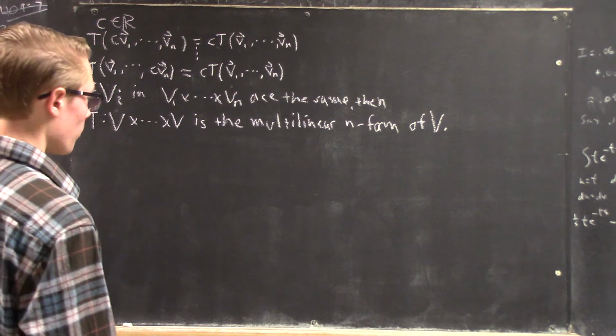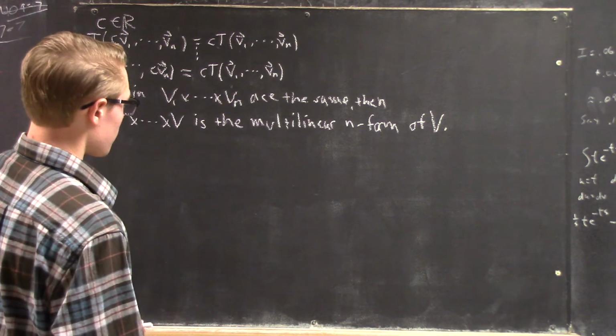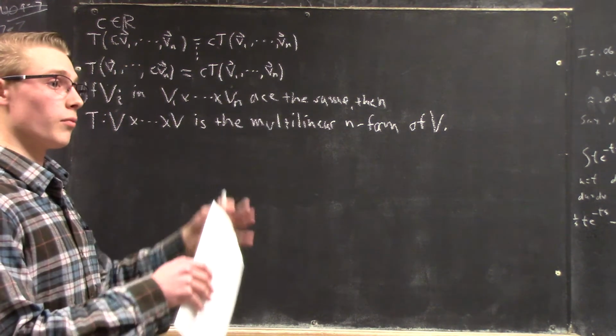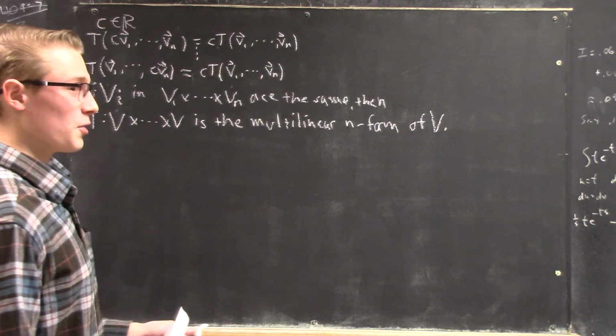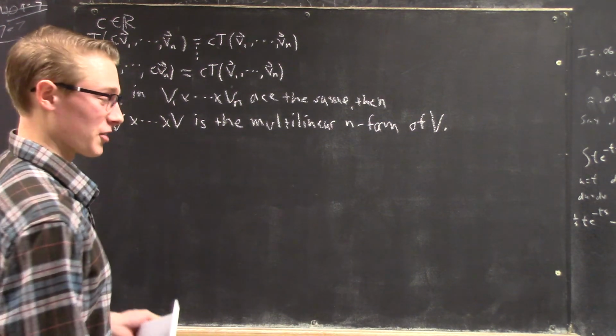Another thing that's cool about multilinear mapping is that it's the basis of what a tensor is, assuming that you can make it through the indices and the notation.